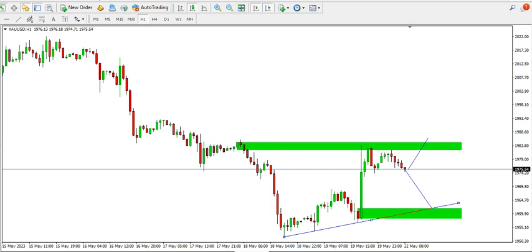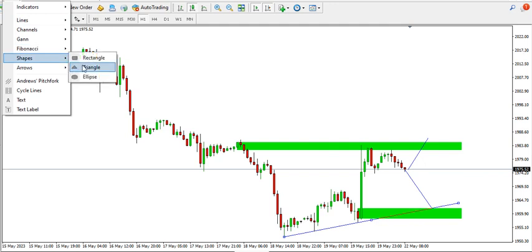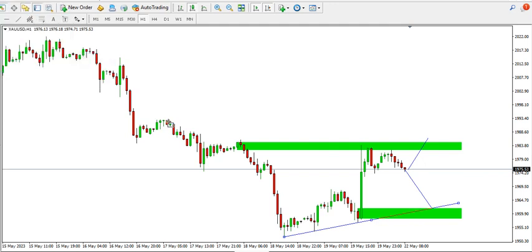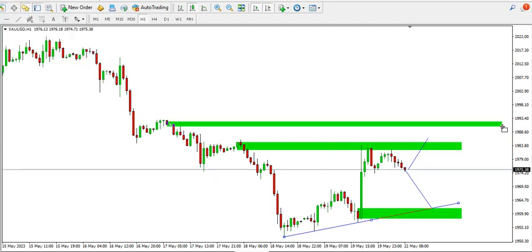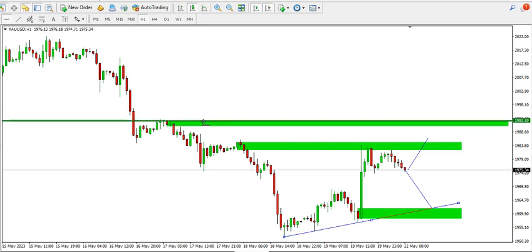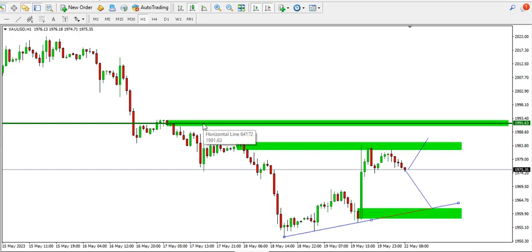Let's take a look at it. This should be the next order block, which is around 1991, a resistance area.